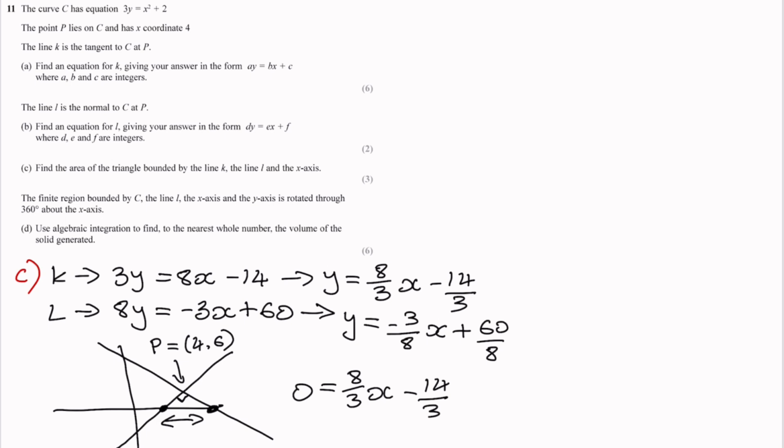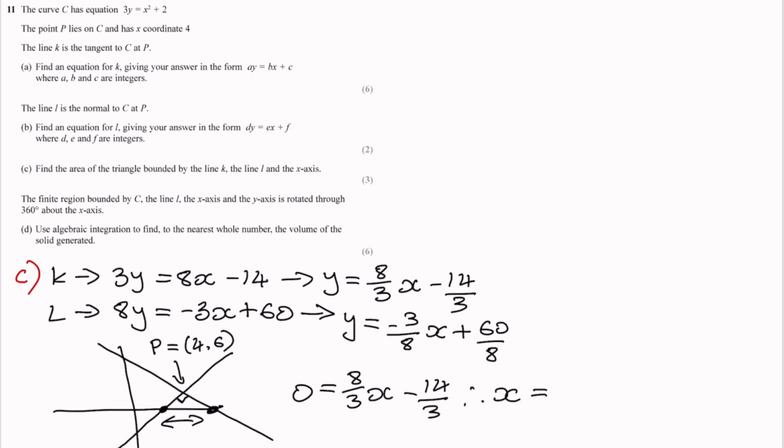So I'm trying to solve for this value of x, which will be this point here. And if I rearrange this, I get x is equal to 7 over 4.